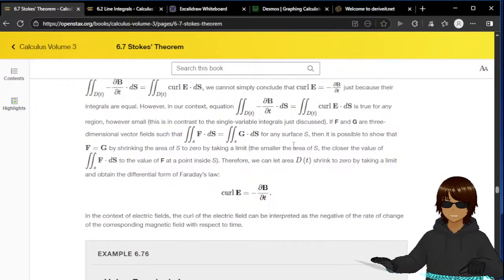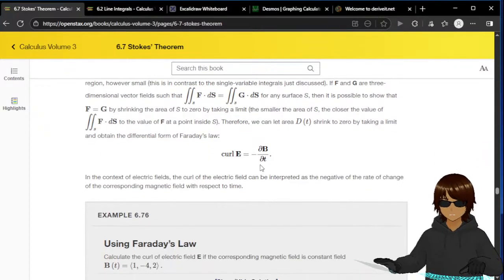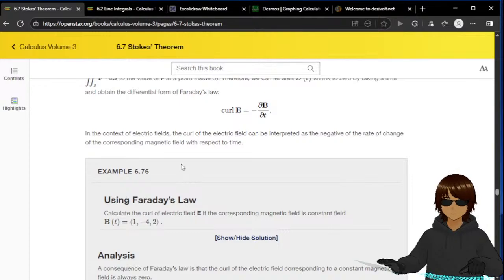The smaller the area of S, the closer the value of the integral of F dot dS to the value of F at a point inside S. Therefore, we can let the area shrink to 0 by taking a limit and obtain the differential form of Faraday's law: curl E is equal to minus the partial derivative of B with respect to t. In the context of electric fields, the curl of the electric field can be interpreted as the negative of the rate of change of the corresponding magnetic field with respect to time.